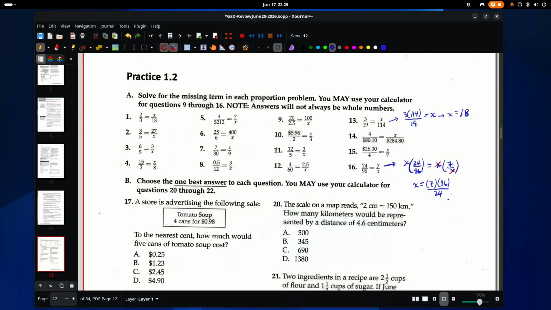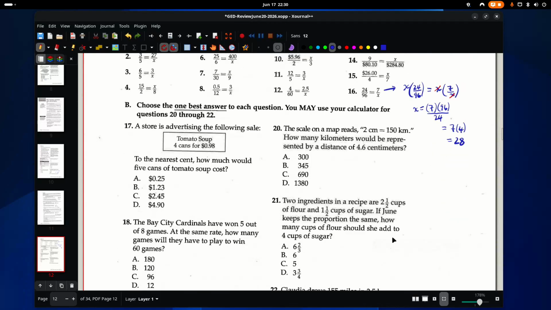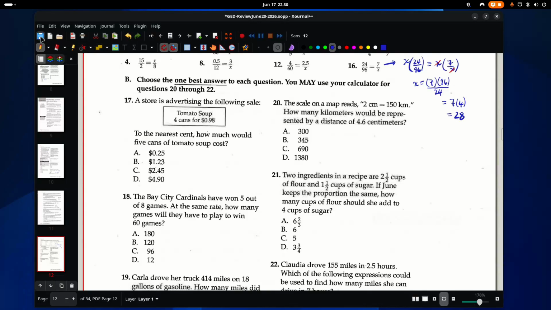Now I can divide 96 by 2 to get 48, but 96 divided by 24 is 4. So that equals 7 times 4, which gives me 28. So that's a couple more steps when we are solving for the variable that's in the denominator.